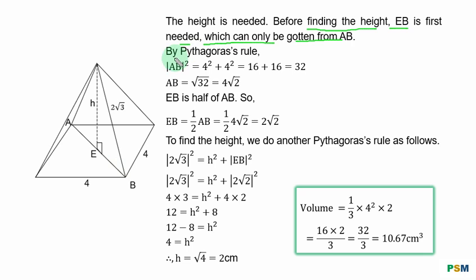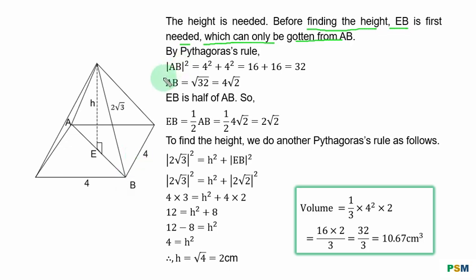By Pythagoras' rule, AB from here to this point is the diagonal of the square. So we have two right-angled triangles, since each angle of a square is 90 degrees. The sides of the square are 4 cm respectively.